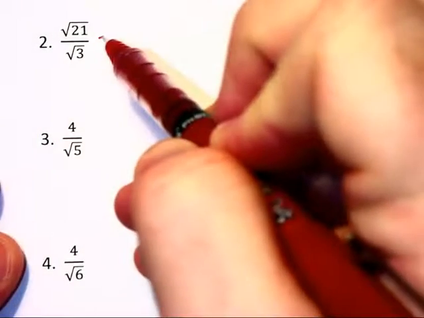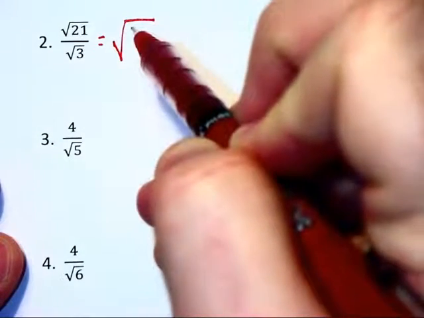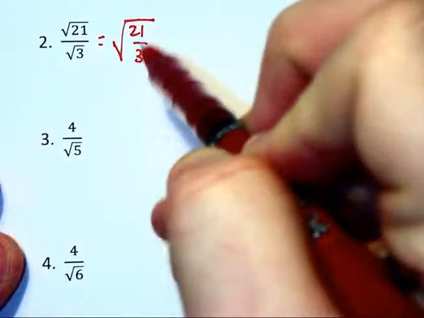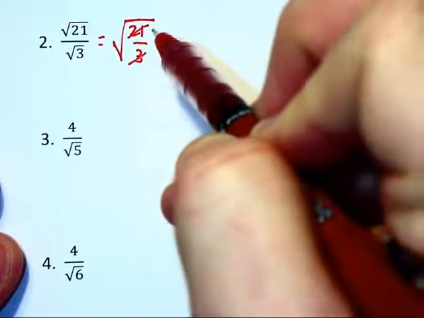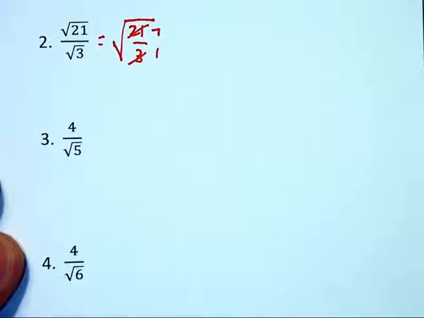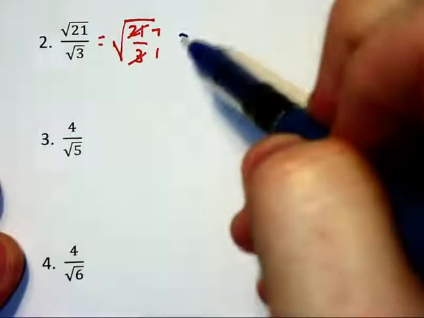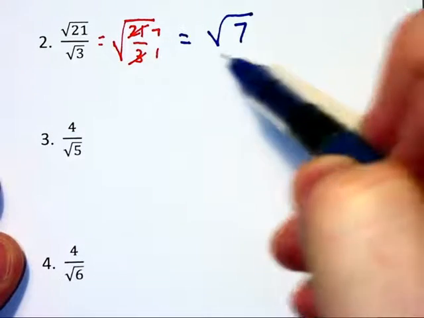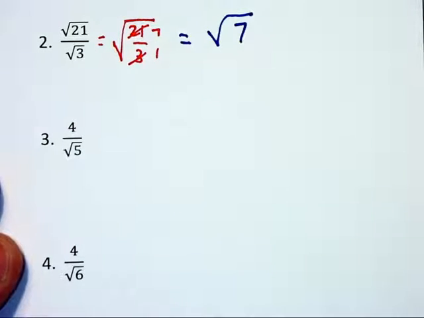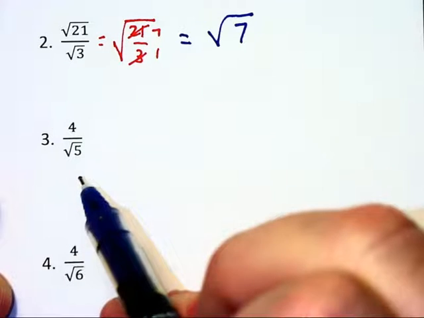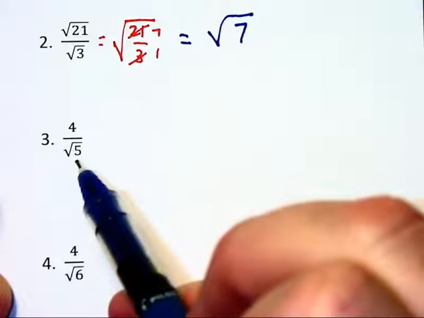And we could think of this as one single radical containing 21/3, and that is reducible to 7 over 1. And so basically we have the square root of 7 here over the square root of 1, which we can ignore.